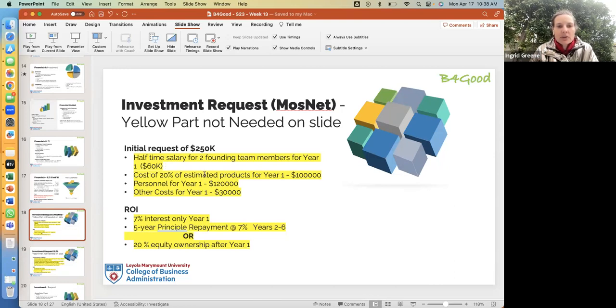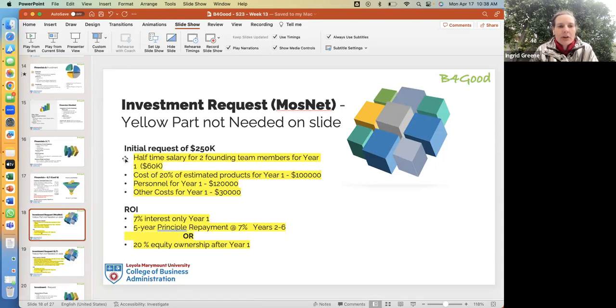Then the cost of 20% of the estimated products for year 1 is $100,000. Your personnel for year 1 is $120,000, and your other costs for year 1 come to like $30,000. So that your initial request comes to $250,000.